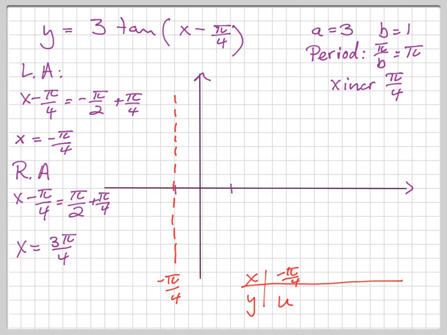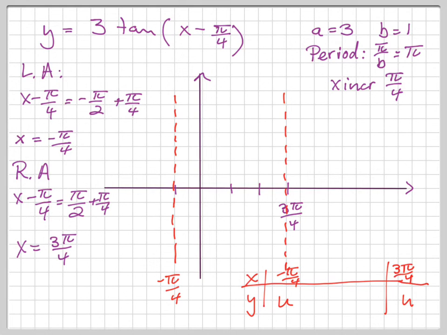So that would be pi over 4, 2 pi over 4, 3 pi over 4. Let's put it right here. Okay, let's make it red. 3 pi over 4 is undefined.